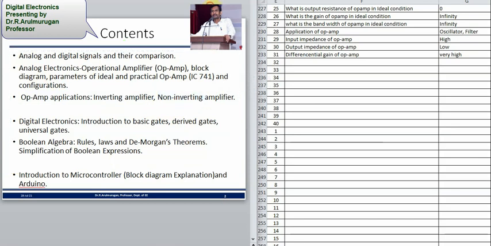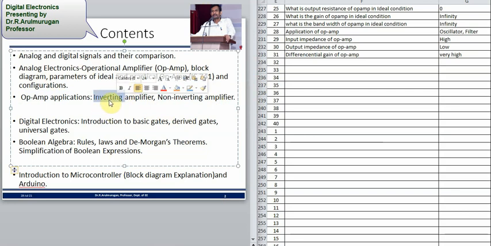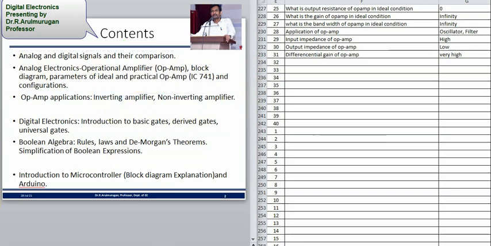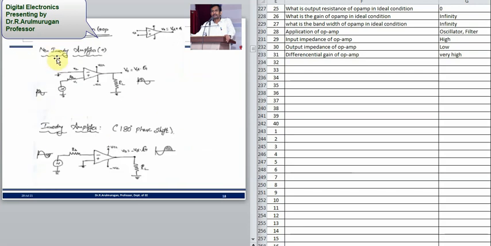Then the output is in phase, with no 180-degree phase shift. That is non-inverting. Inverting means 180-degree phase shift. If you give the signal to the inverting terminal, the output has a 180-degree phase shift.